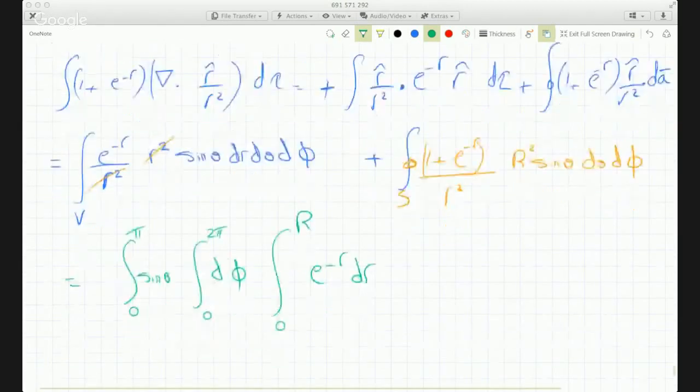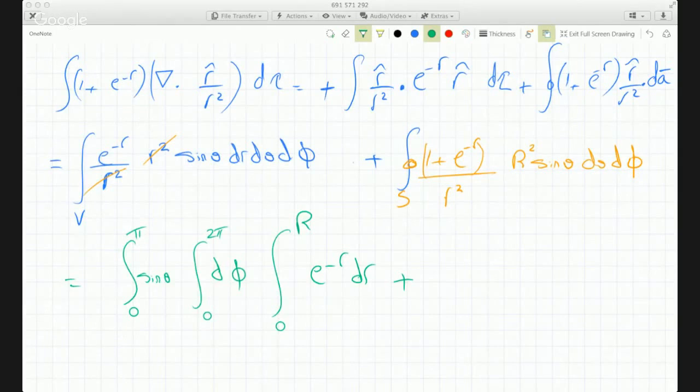And the second guy, there's no integral with respect to r, so it's just a surface integral, and anything that has r can come out. You agree? So on the boundary of the sphere, of course, r is big R. So this becomes 1 plus e to the minus r, because I'm on the boundary of the sphere, divided by r squared.